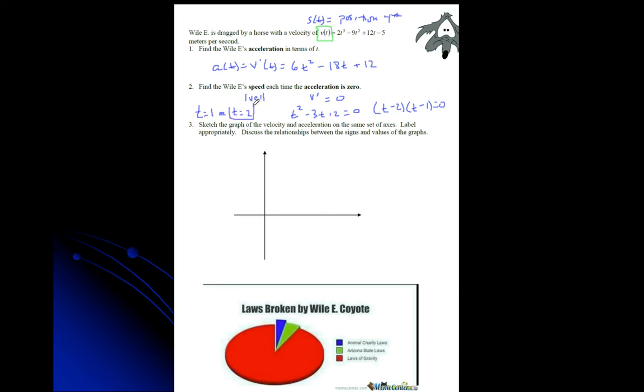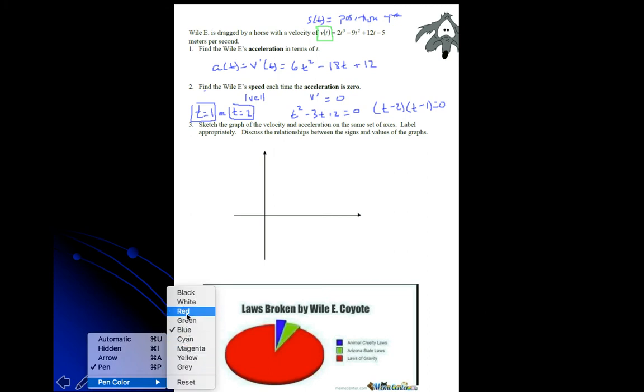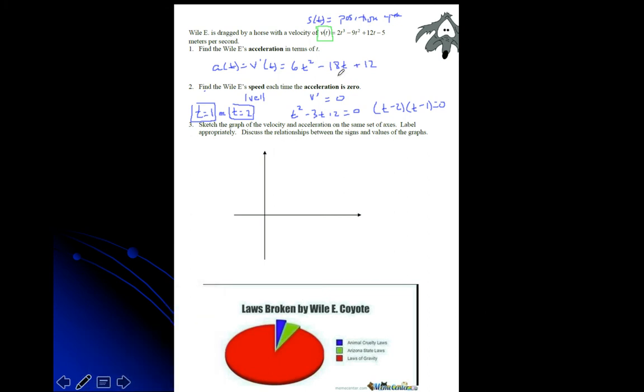Should I stop the problem? I don't think so. Find the speed. What do you need to do with those two times? Plug them into the velocity equation and take the absolute value. So you need to know what v of 1 is and what v of 2 is.